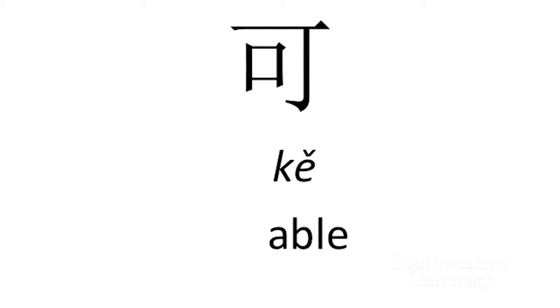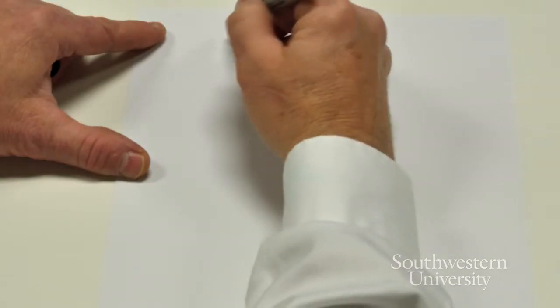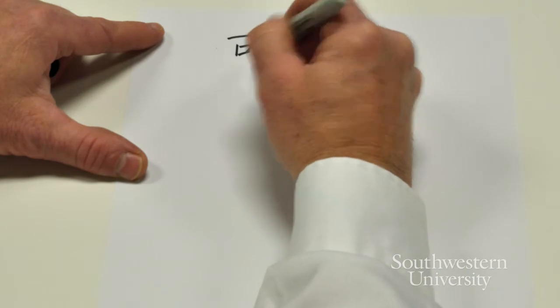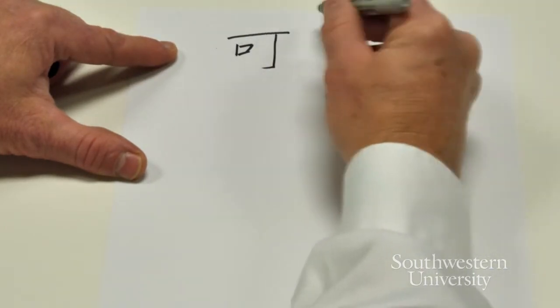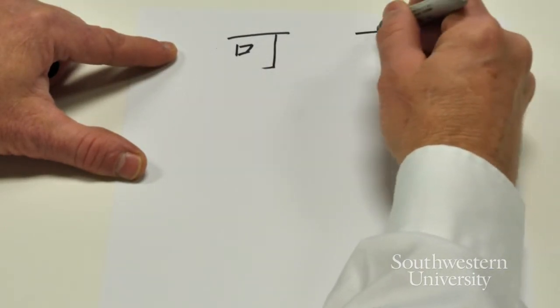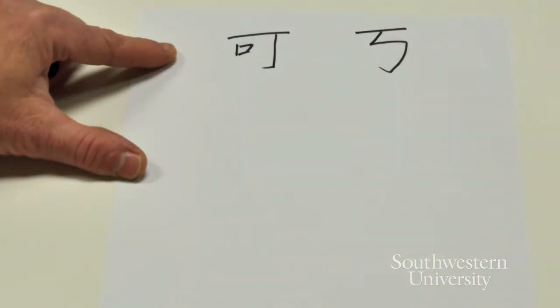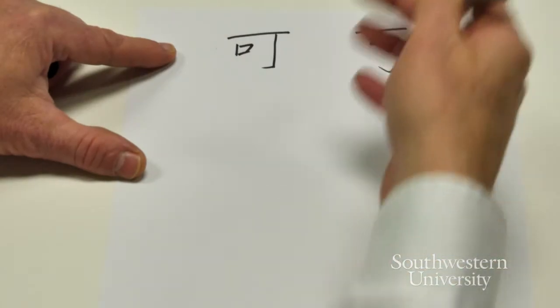The next character, ke, is composed of the mouth component again. Do this part first, the mouth, and then this component. The thing on the right and top derives from this, qiao, which means all right or to give approval, to say something.